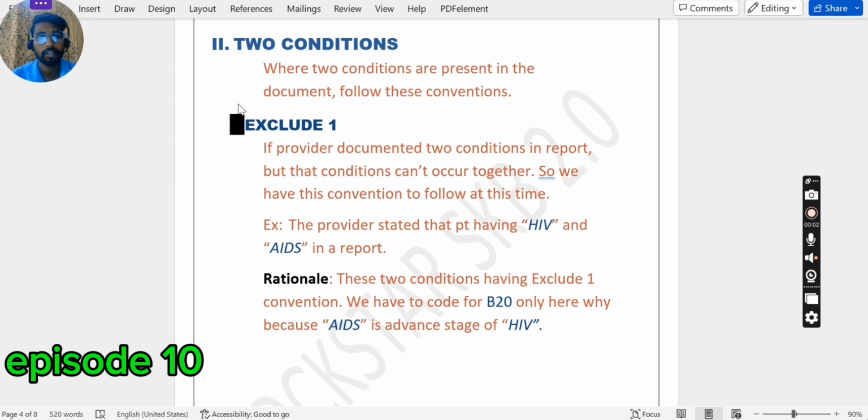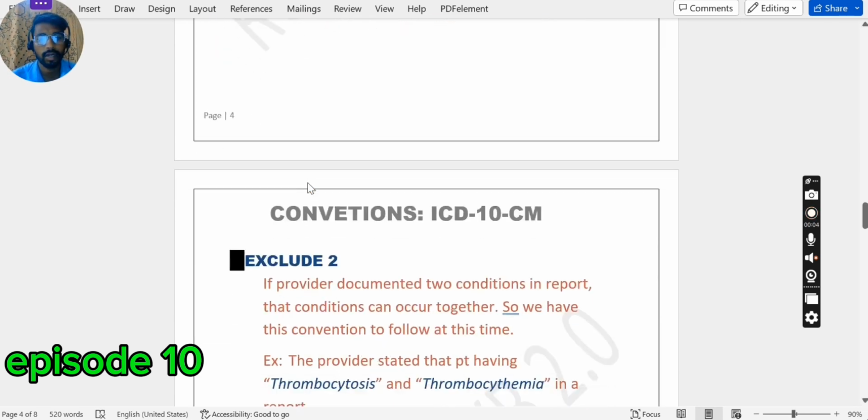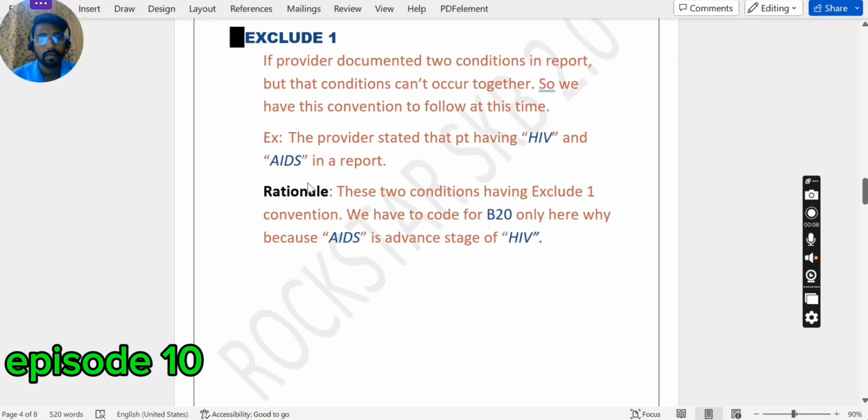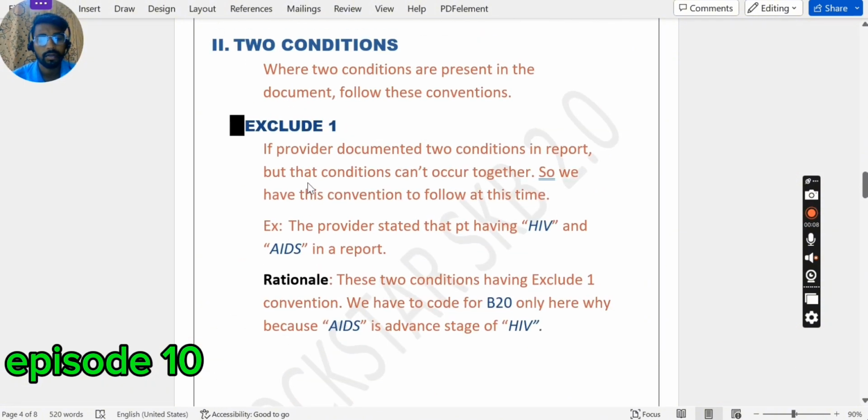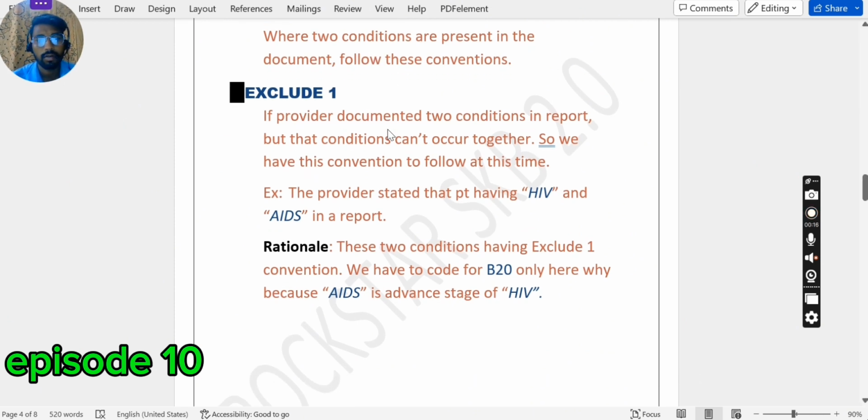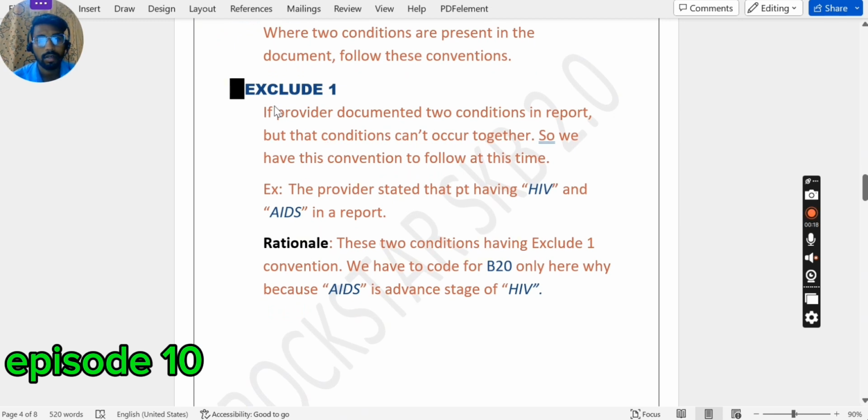The next conventions are Excludes1 and Excludes2. We use these excludes when the provider mentioned two conditions. For Excludes1, if the provider documented two conditions in a report but the conditions can't occur together, we use this convention.